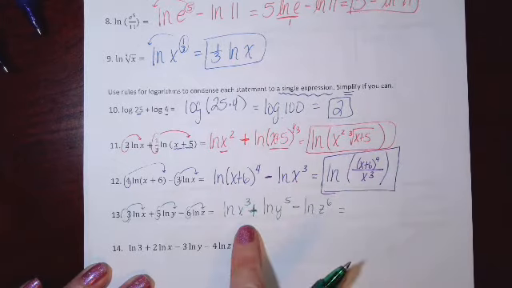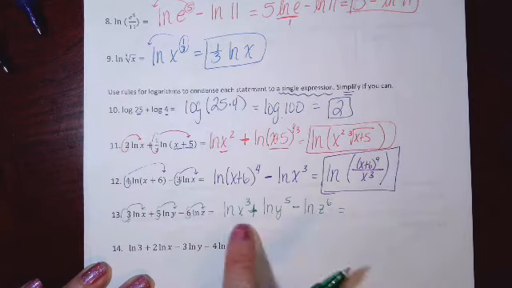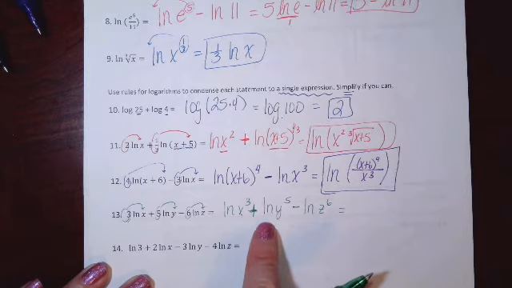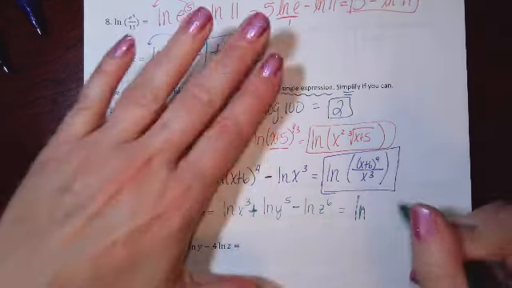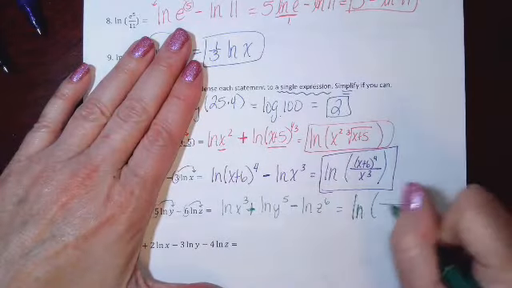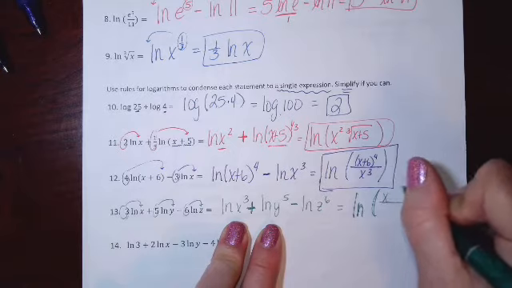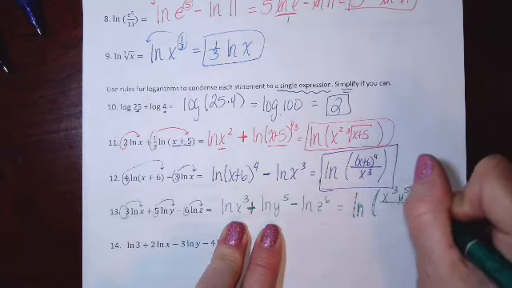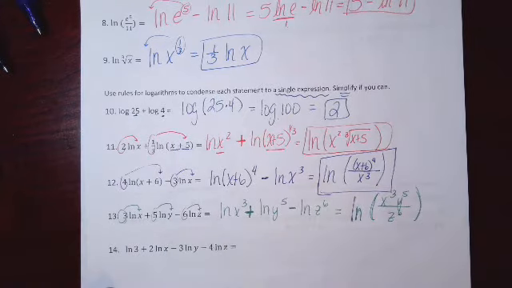So I've got product rule, quotient rule. Anything being subtracted goes in the denominator. Anything being added up here in front goes in the numerator. Everything is natural log. So I set up my quotient in my argument. My numerator is going to be x cubed y to the 5th, and then I'm subtracting out that z to the 6th, so it goes down as the denominator.